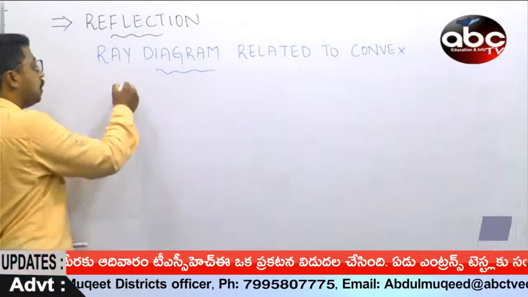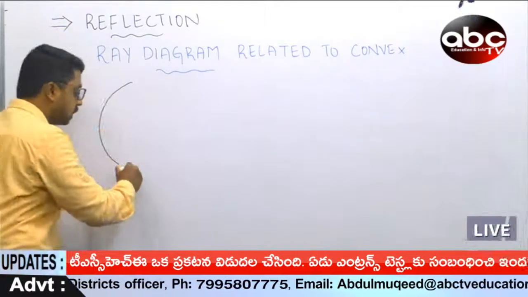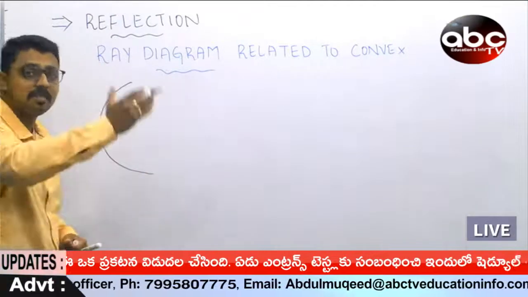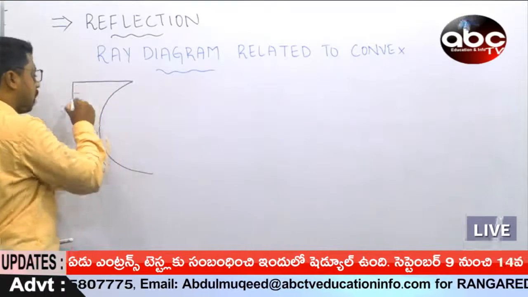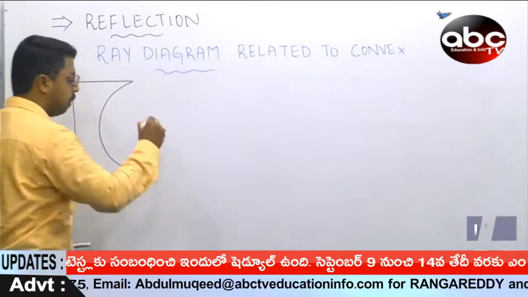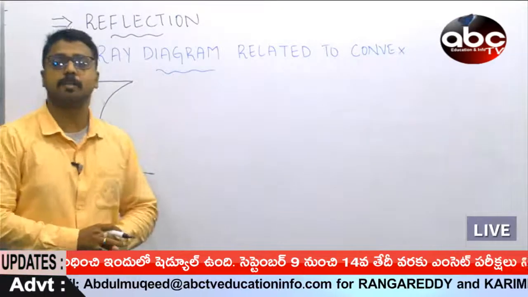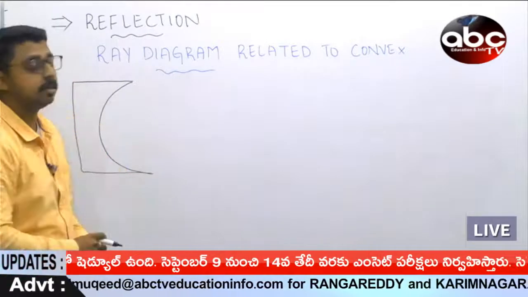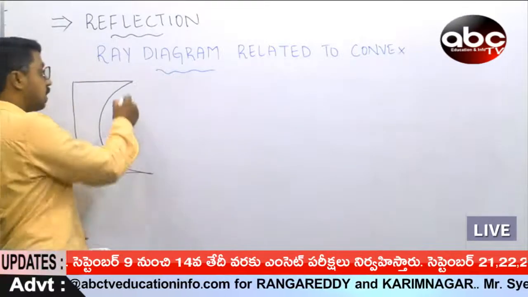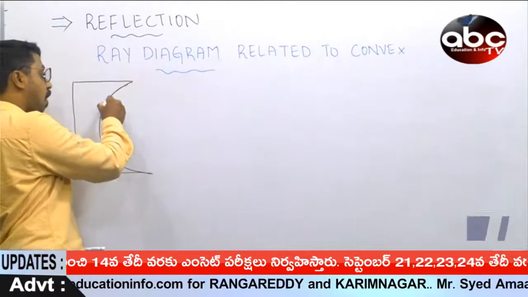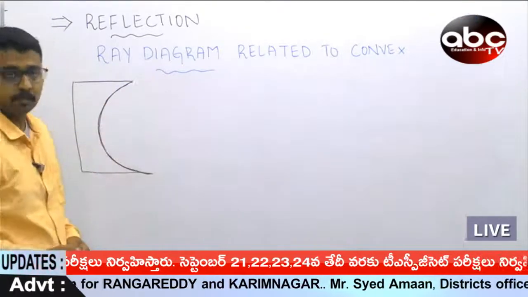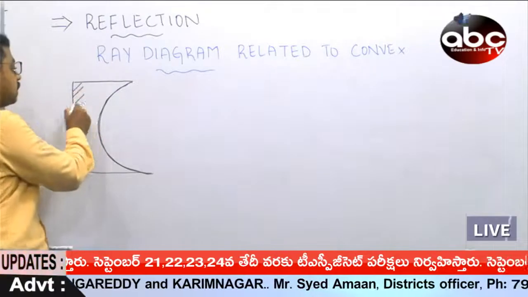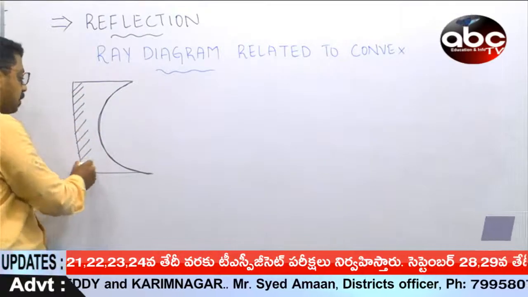See, actually what is this part? This portion or surface is nothing but a concave mirror. Naturally, it is predictable as a concave mirror. And of course, this could be the active or reflective surface of the mirror, and the back side is not an active portion.